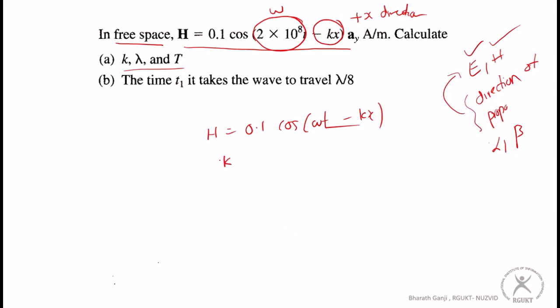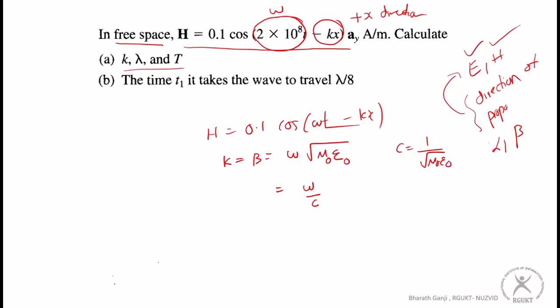K, or simply beta, is omega into square root of mu and epsilon. But in case it's free space, it is mu naught epsilon naught. So I can simply say omega by c, because c is nothing but 1 by square root of mu naught epsilon naught.